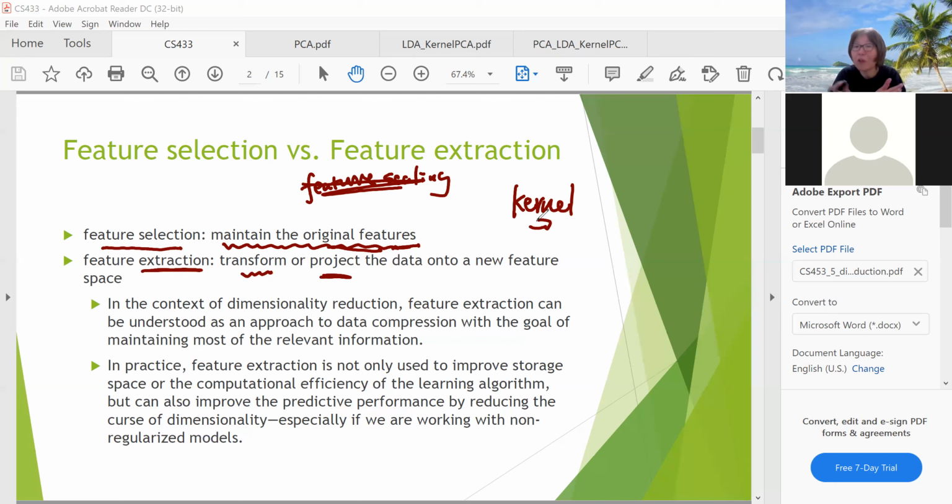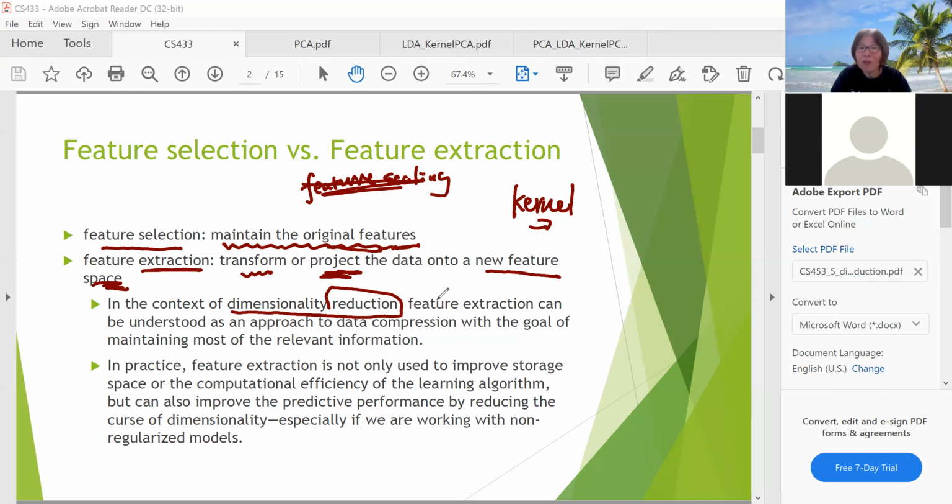The kernel brings low dimension to high dimension, from a plane of 2 dimensions into 3 dimensions. And over here we are going to project. For the kernel, you also do projection. Over here we project data onto a new feature space, okay, new feature space. But this time it's in the context of dimensionality reduction, not increasing the dimension.